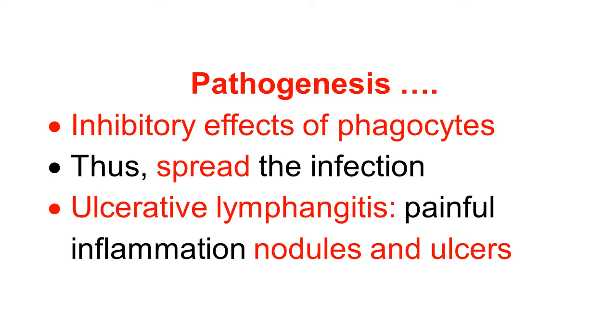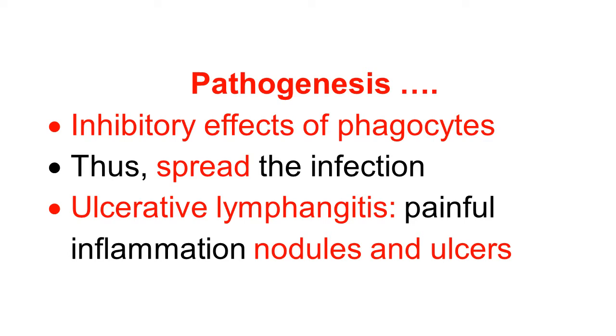Continuation of pathogenesis. We have seen that the phospholipase exotoxin produced by the organism increases vascular permeability, so entry is facilitated. And this also causes an inhibitory effect on phagocytosis.